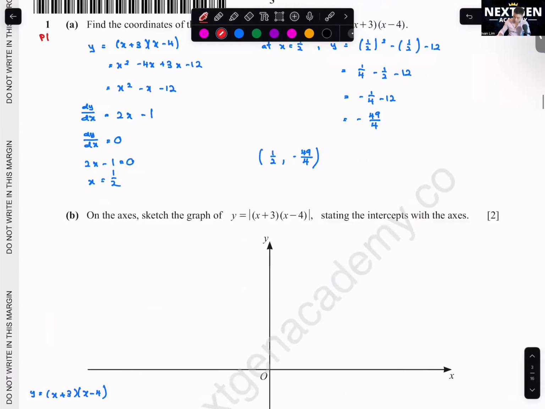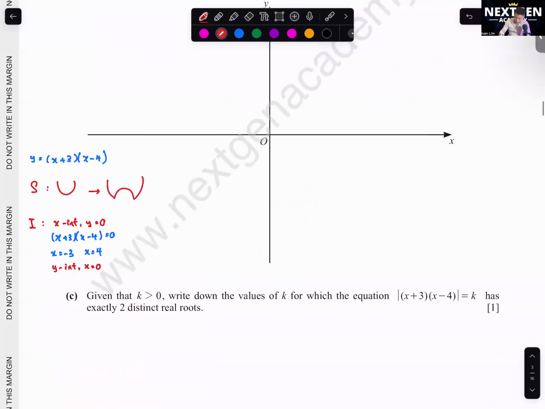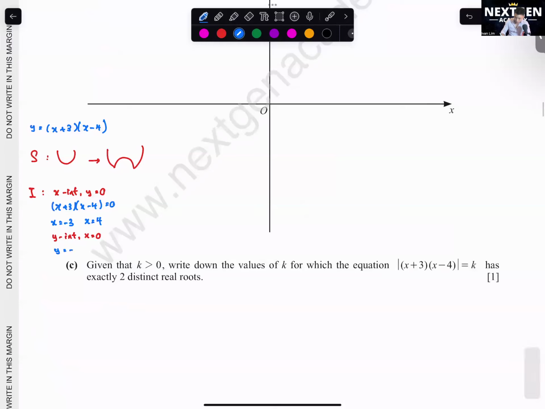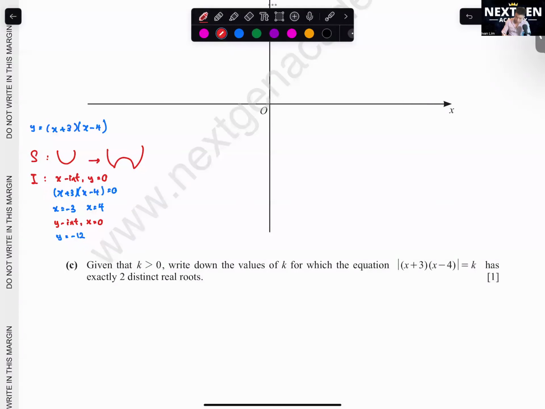We can use the other equation, x squared minus x minus 12, so y equals minus 12. The last one, M, is your maximum or minimum point. For this, we already calculated in the previous part, which is (1/2, -49/4).